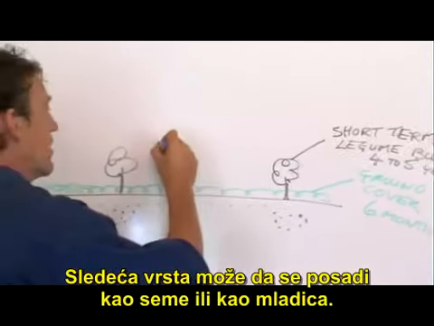Our next one can be planted by seed or as a small tree, a small potted tree from a nursery, and it will also be fixing nitrogen. And we'll call this a medium term, and it's a little bit bigger in size, and it's a medium term legume tree. But this one's going to live for 10 to 15 years.